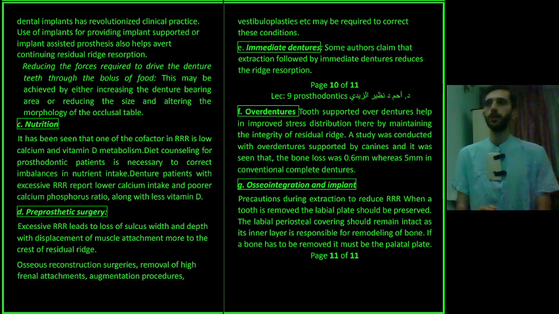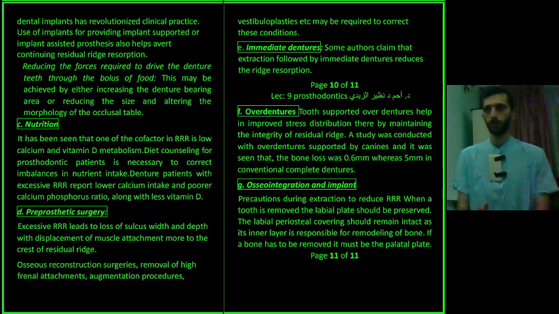E. Immediate dentures. Some authors claim that extraction followed by immediate dentures reduces the ridge resorption. F. Overdentures. Tooth-supported overdentures help to improve stress distribution, thereby maintaining the integrity of the residual ridge.